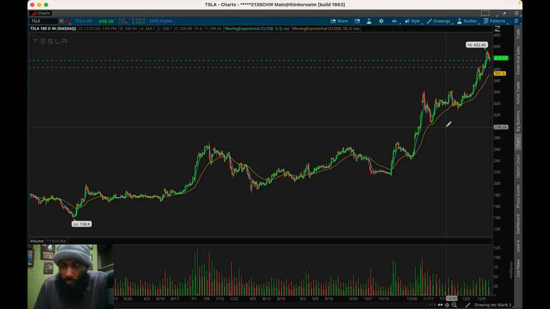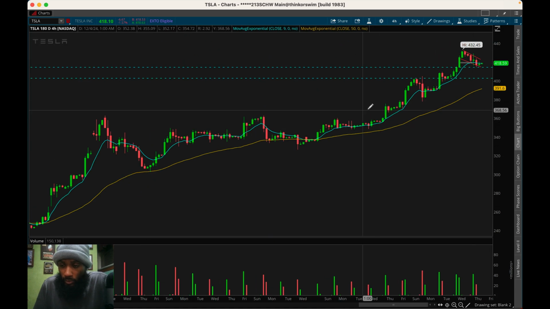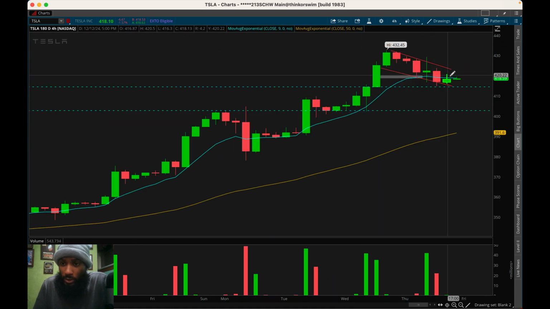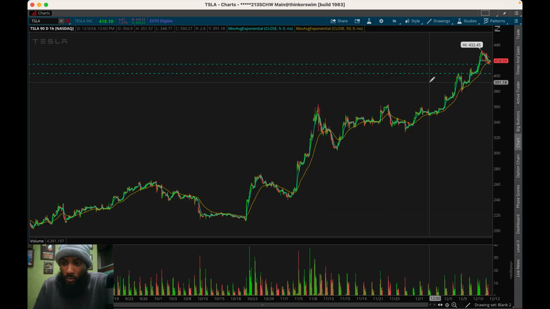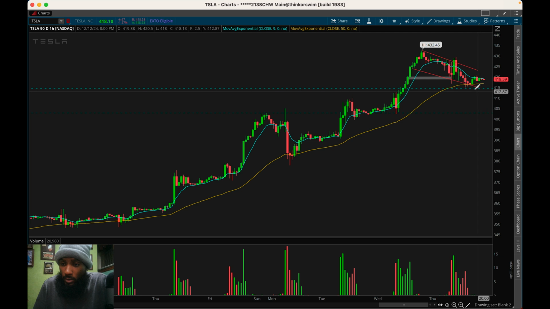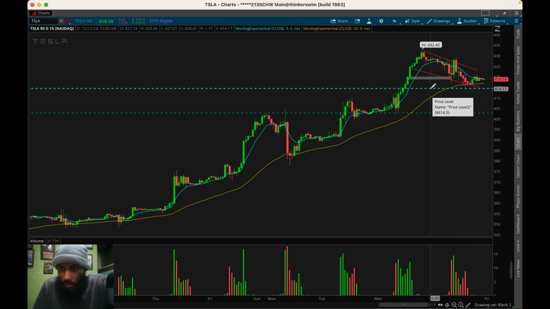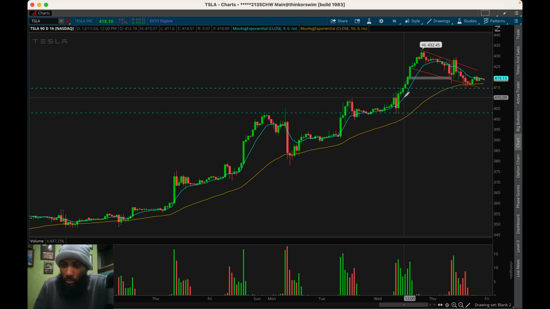If we zoom out, we are pretty much, let's see, 1 hour chart. We are using this 50 EMA as support, so we just gotta keep Tesla's price action on watch. Look at this level, 414.50. We're gonna look for this to hold as support tomorrow.